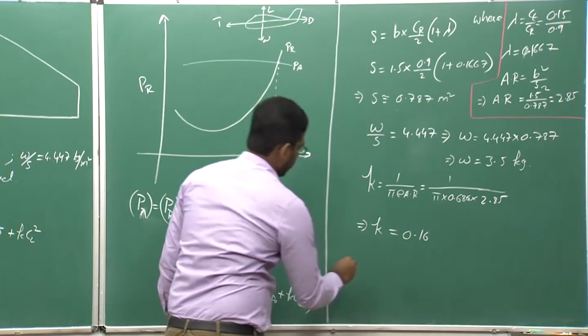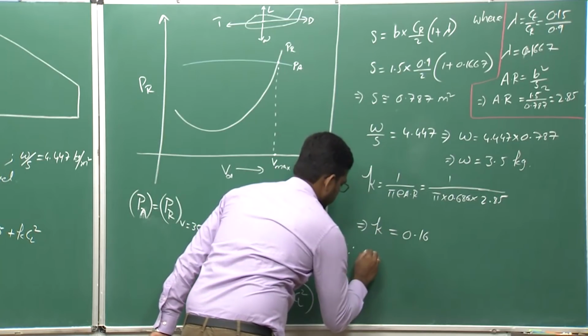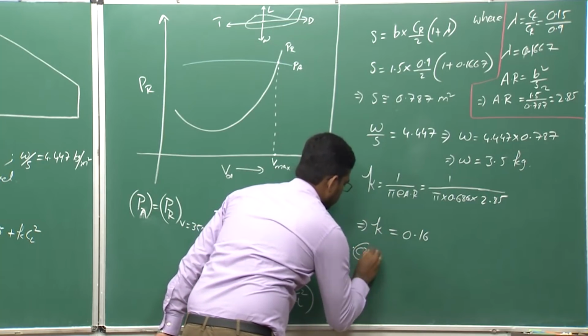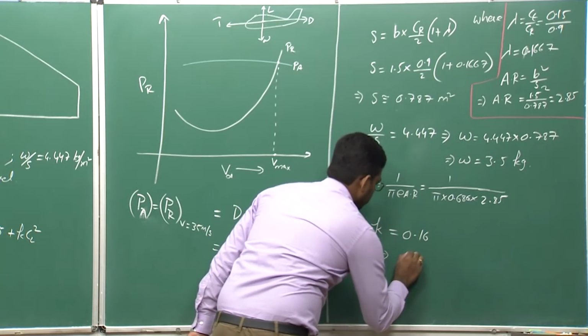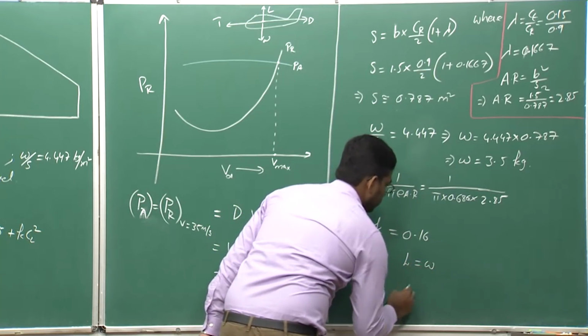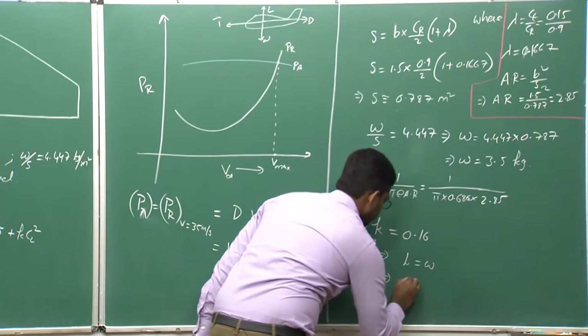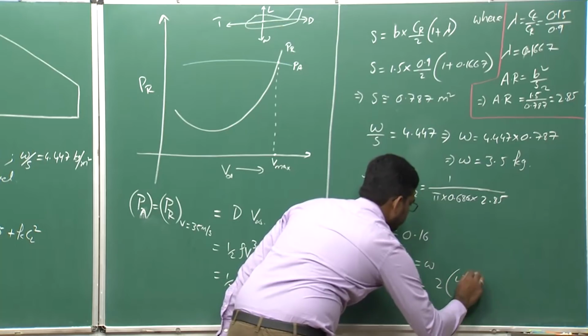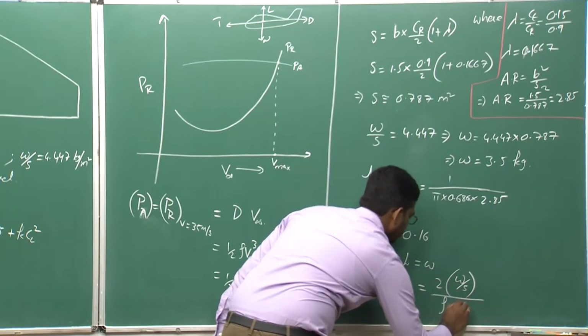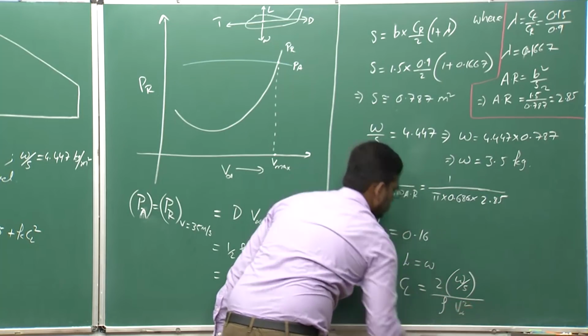So, since L is equal to W, CL is equal to twice the wing loading by rho into the corresponding velocity square.